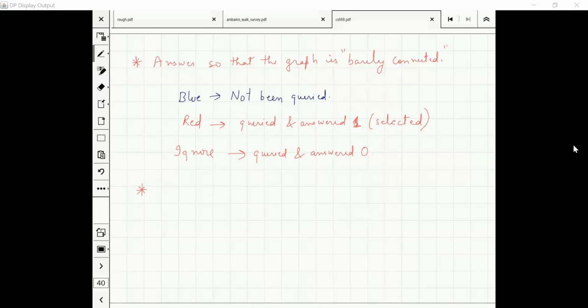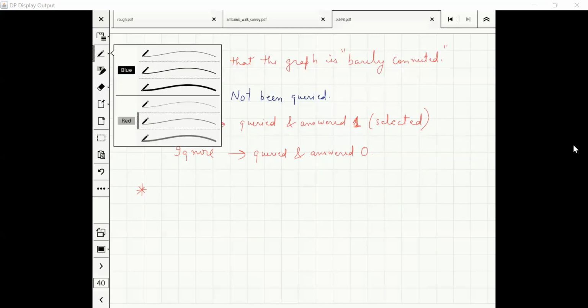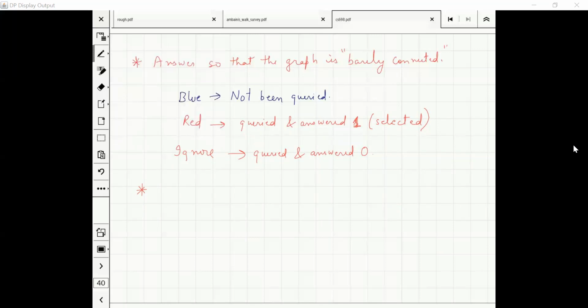You cannot have that. Again, we are querying edges, not vertices. Obviously I cannot query a red edge that has already been queried. We will always be querying only blue edges, but then the first thing is, what should I keep constant? What should I be aiming for?